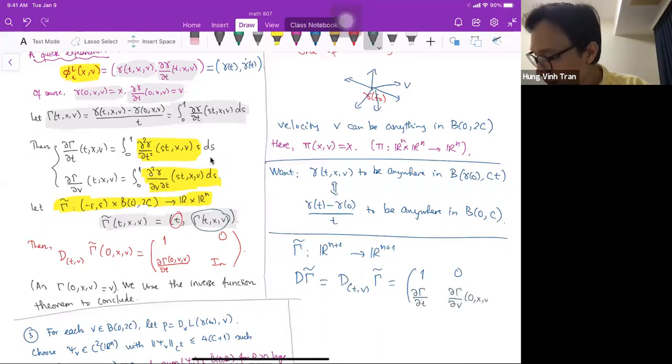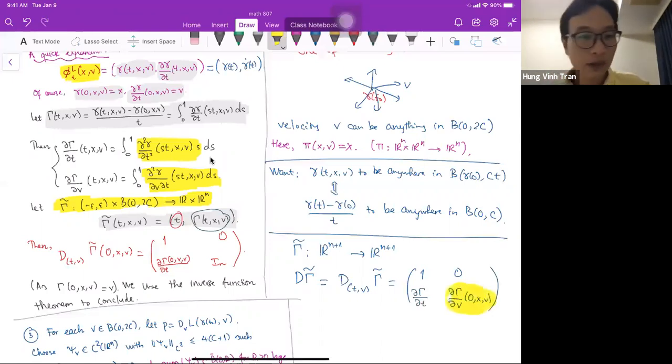Okay. And there's one tiny but important thing to notice about del gamma over del v at 0 x v. What is this term? Again, I need to check that gamma is nice, C1 and stuff like that. I'm skipping that. As I said, I'm just doing a sketch here for you.